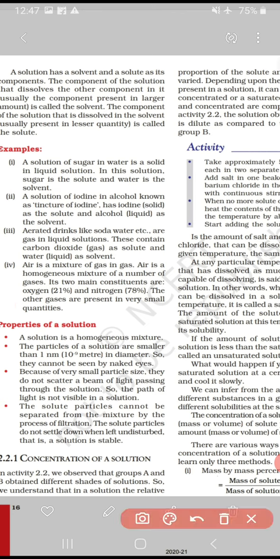Second, solution of iodine in alcohol. इसमें सोल्यूट क्या होगा एंड सॉल्वेंट क्या होगा?